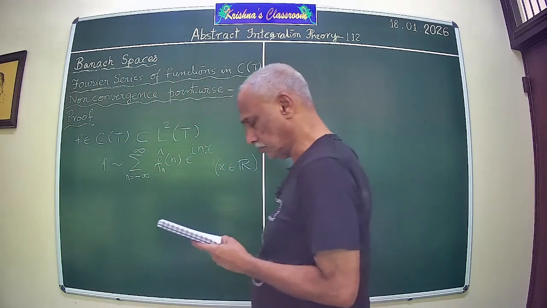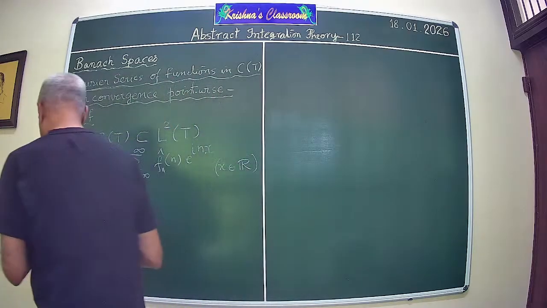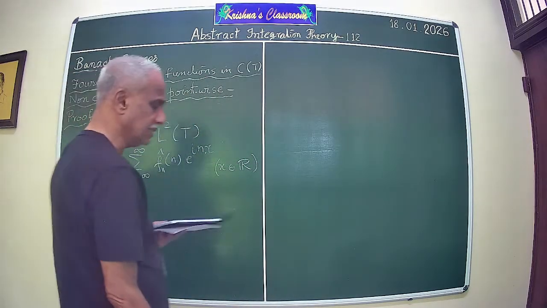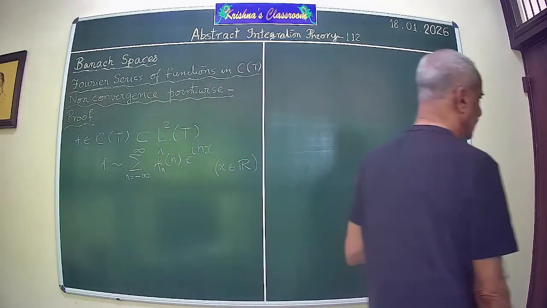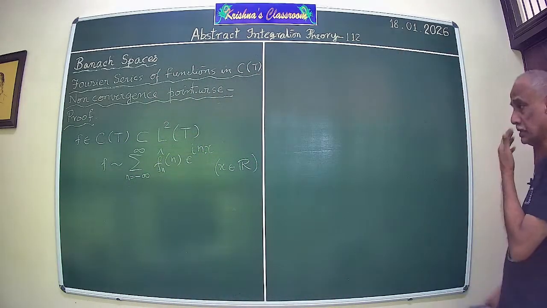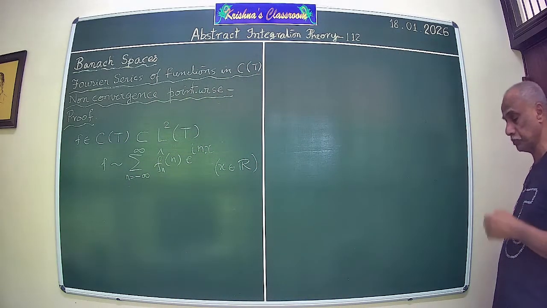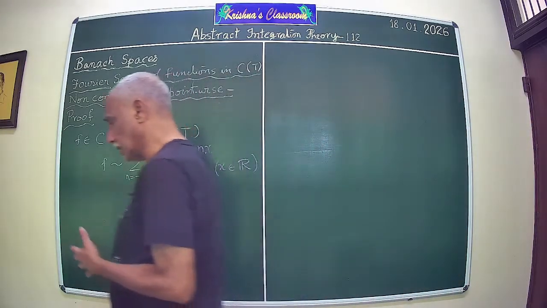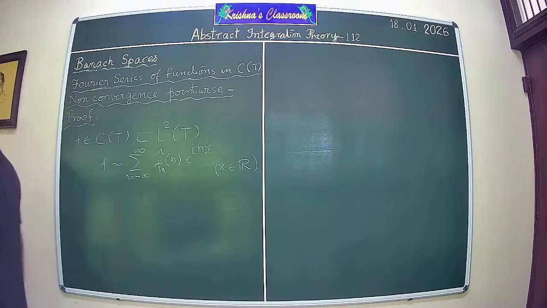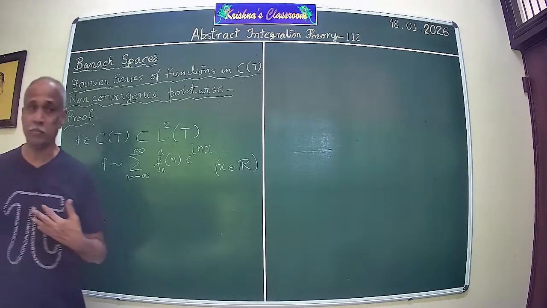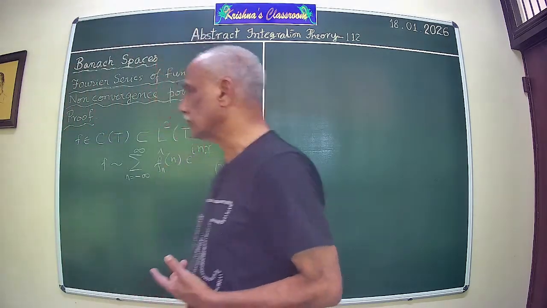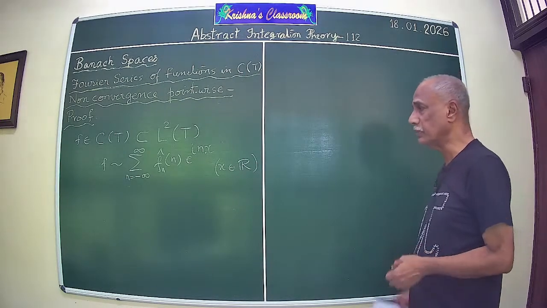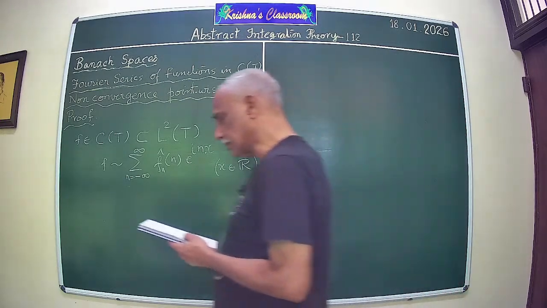In fact, if you have an infinite series, the way in which you look at the convergence is by looking at the sequence of partial sums of the series and then looking at the limit of that. So let us make some notations.